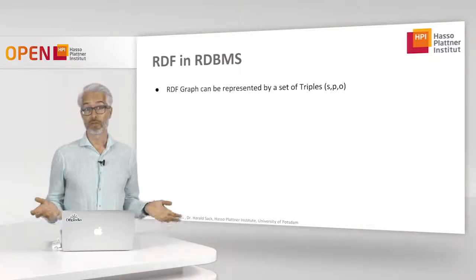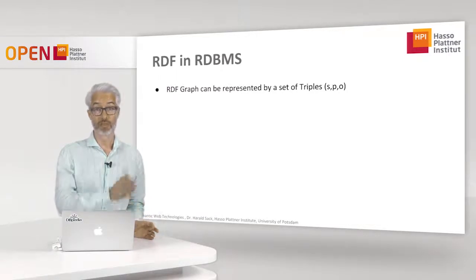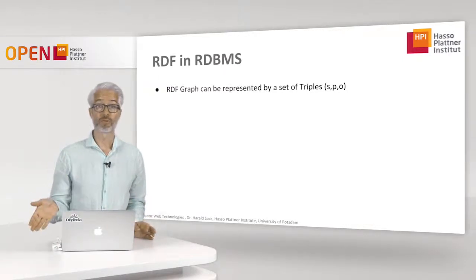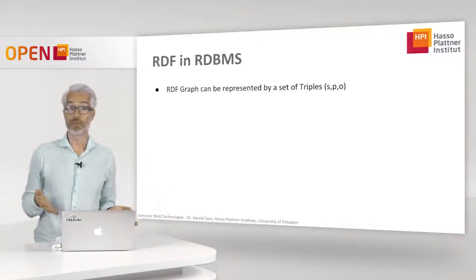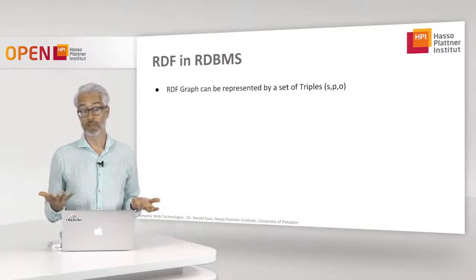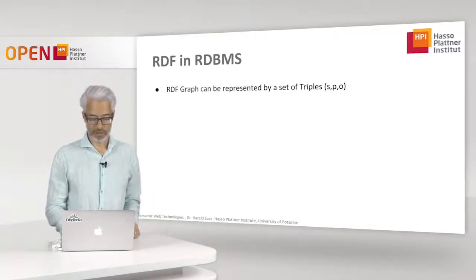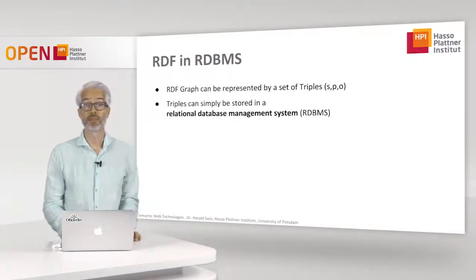And of course, I could create a table of 3 columns: a subject column, a property column, and an object column. And that's it. This could be how I possibly could put RDF triples, an entire RDF graph, into a relational database management system. So triples can simply be stored in an RDBMS.